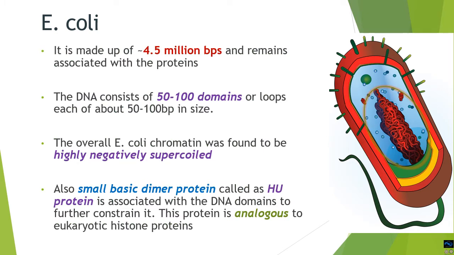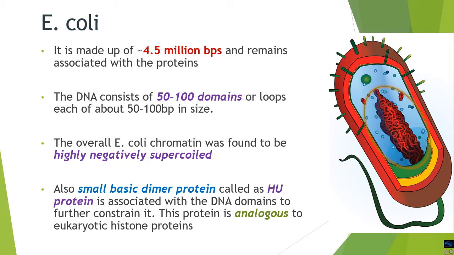In E. coli, this genome is made up of 4.5 million base pairs, and it remains associated with proteins like high mobility group proteins or simple histone-like proteins. The DNA itself usually contains 50 to 100 domains and loops. Each domain and each loop is around 50 to 100 base pairs in size.